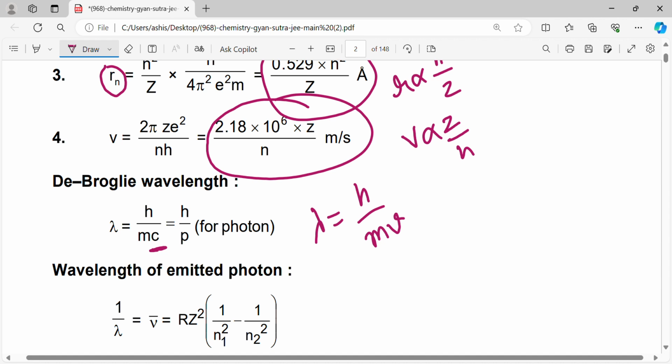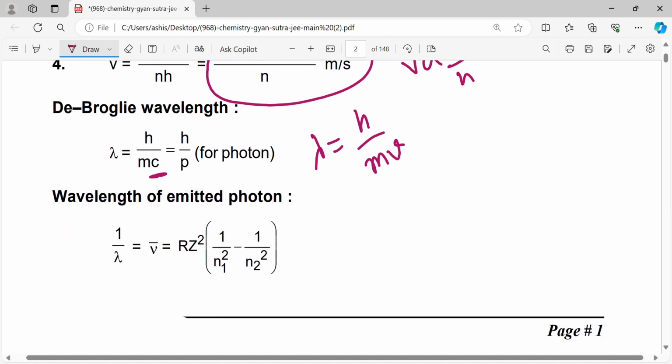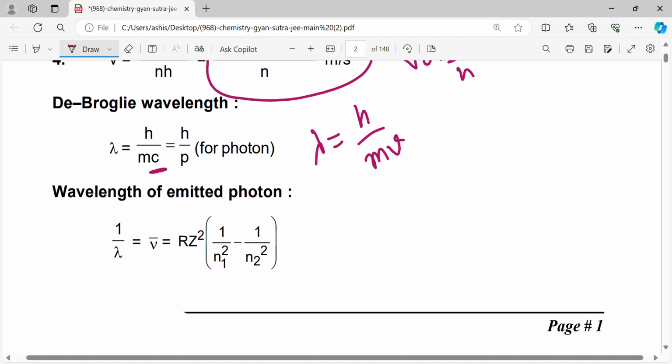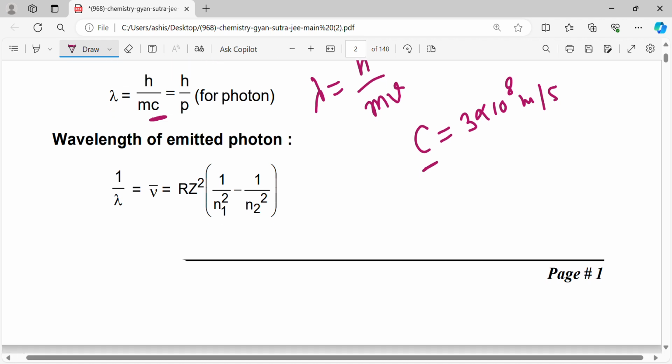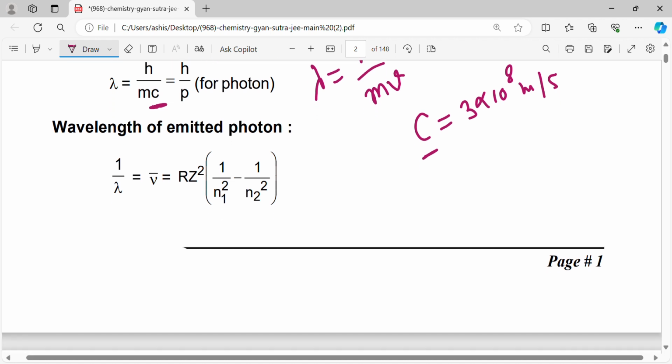So lambda is equal to h upon p. m is mass, lambda is wavelength, v is the velocity, c is the velocity of light. The value of c we can use is 3 into 10 raised to power 8 meter per second, and we use it when there is movement of photons.